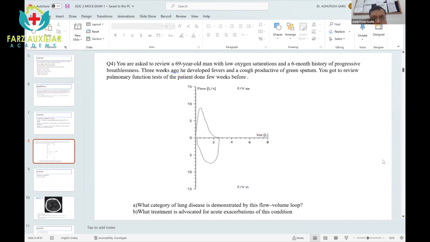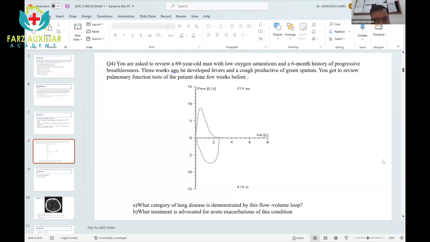Okay. So basically, this is a restrictive lung disease. How can you say restrictive lung disease or obstructive lung disease? We usually have a scooping pattern in obstructive lung disease. Scooping pattern in the expiratory limb or inspiratory limb?